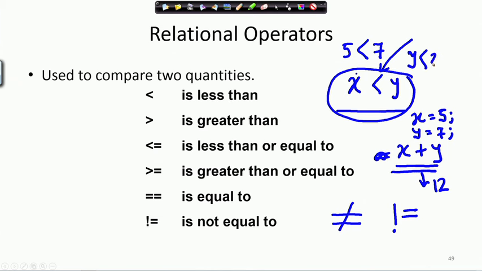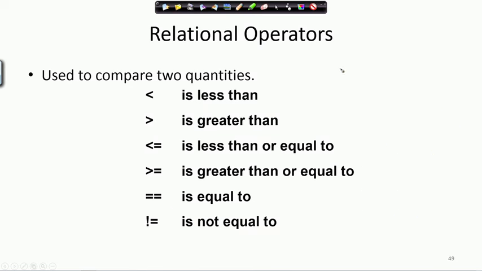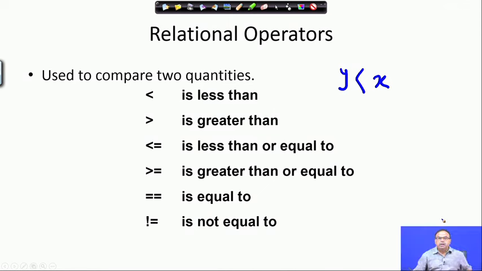Therefore, x less than y in this case will return 1. Okay. If I write y less than x, it will return me false, because y is 7 and x is 5. Then this would return 0.